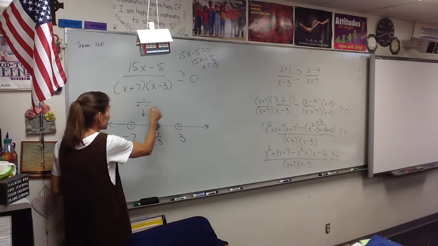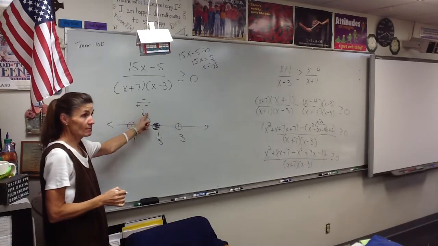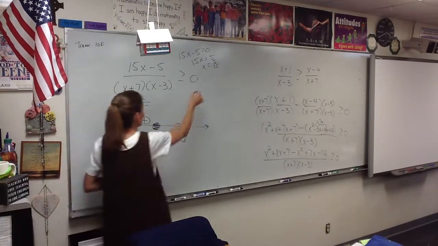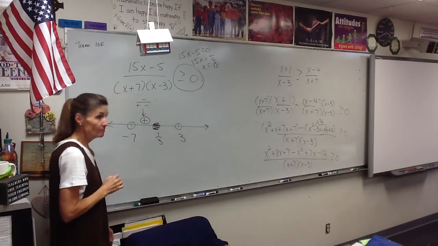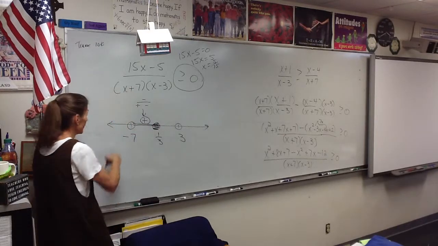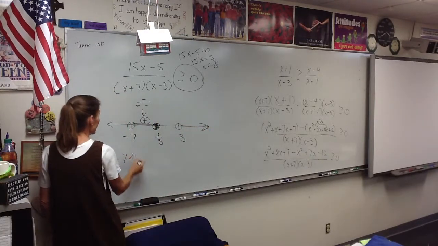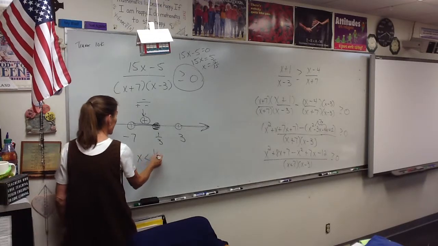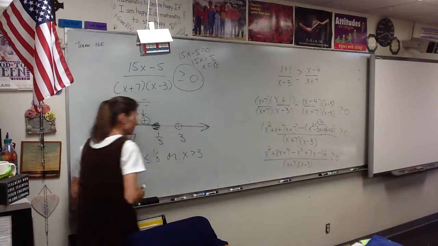So that section turns out to be positive, right? Negative over positive, negative. What do I want my fraction to be? Positive. So that works. This doesn't, that doesn't, this does. So your answer is everything between negative 7 and 1/3, or everything bigger than 3.